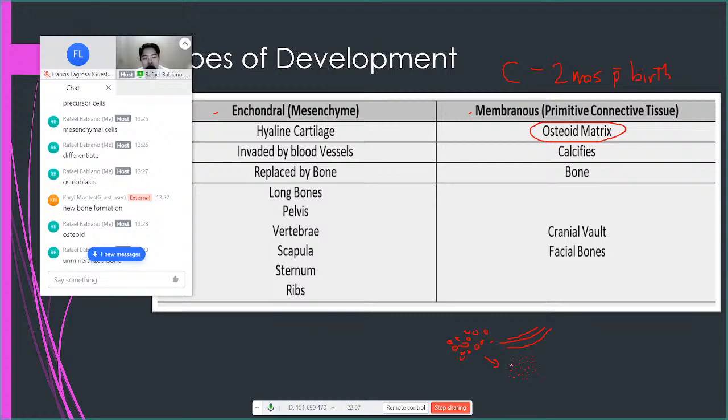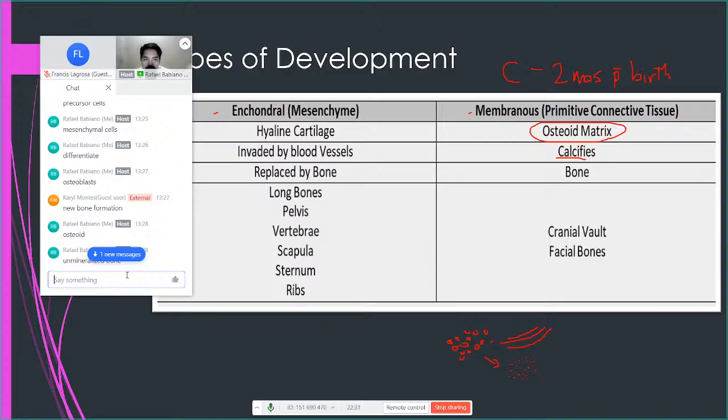Okay, so as the baby or the fetus receives more nutrition, this osteoid matrix will calcify. When you say calcify, it's like a synonym of ossify, right? Ossification, bone formation. Calcification is the same, bone formation.